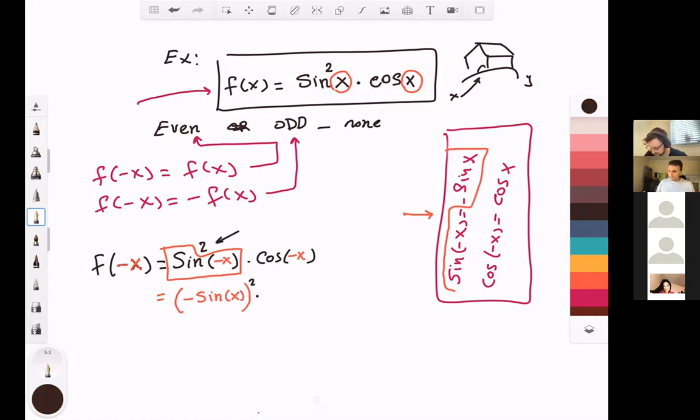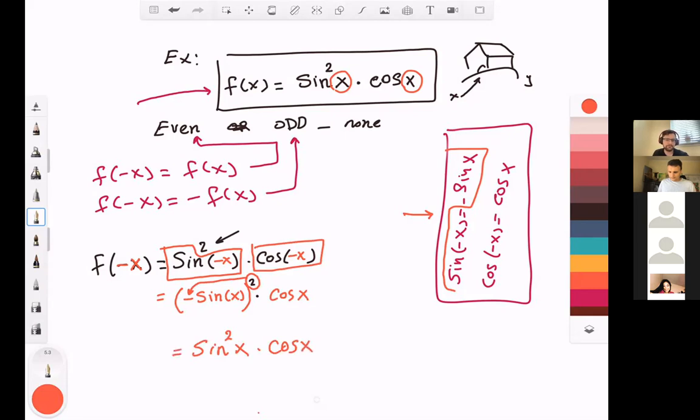What is cosine of negative x? Cosine of negative x is the same as cosine of x because cosine is even. Good. So this 2, if you square it, the negative will go away. It will be just positive sine squared of x times cosine of x.